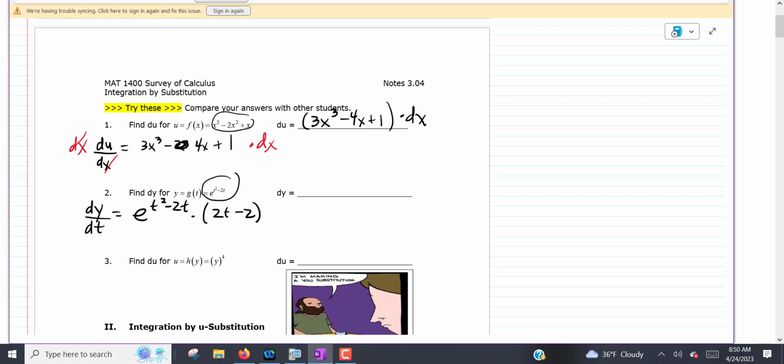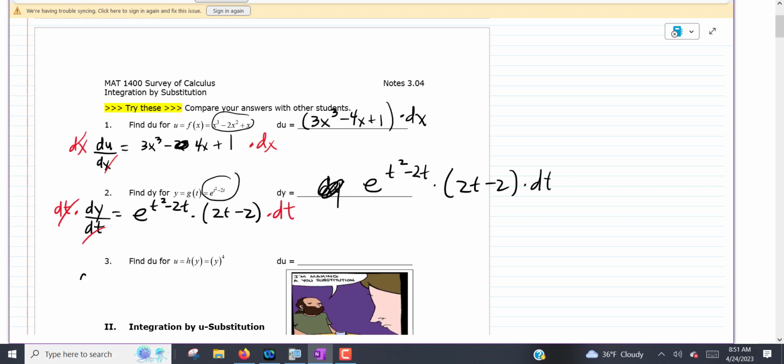Then you multiply by dt, and that gives you what dy is. So dy is equal to e to the t squared minus 2t times parentheses 2t minus 2 times dt. So that's how that gets written. Nothing to it really.